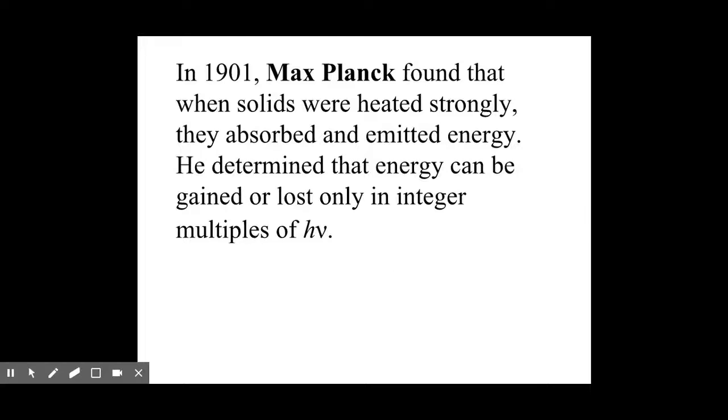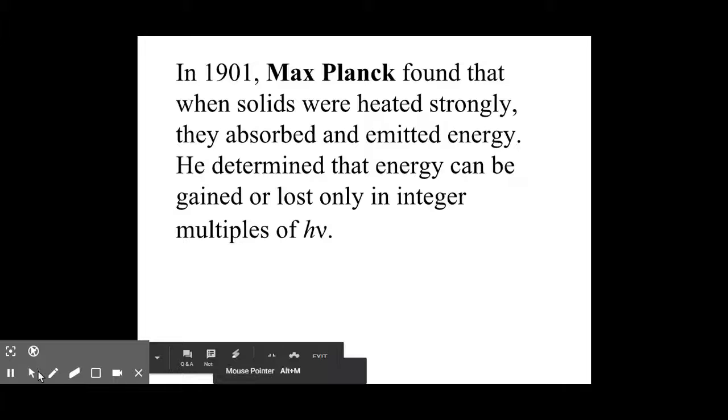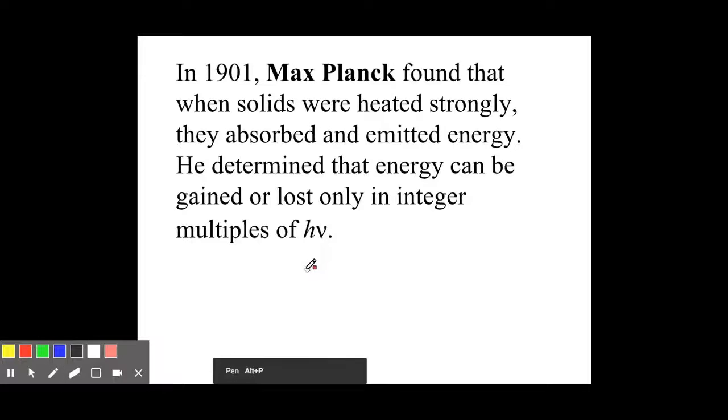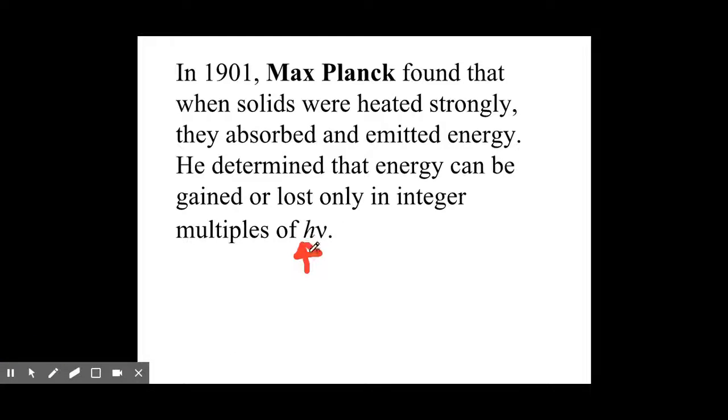But Max Planck was the person who found out that energy was released in quantized amounts. What he was talking about is that energy can only be gained or lost in an integer multiple of some constant. This constant h is the constant he figured out, so they named it Planck's constant.